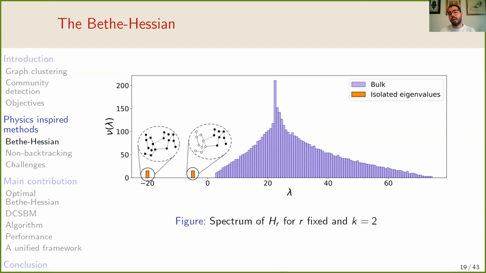Whereas if we look at the eigenvector associated with the second smallest eigenvalue, it is a configuration in which all spins in the same community have the same sign. I would like to stress the fact that here we have two classes, k equal to 2, and two isolated eigenvalues, even if the graph is sparse.